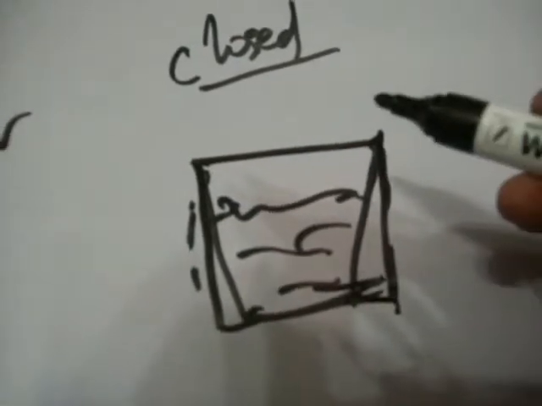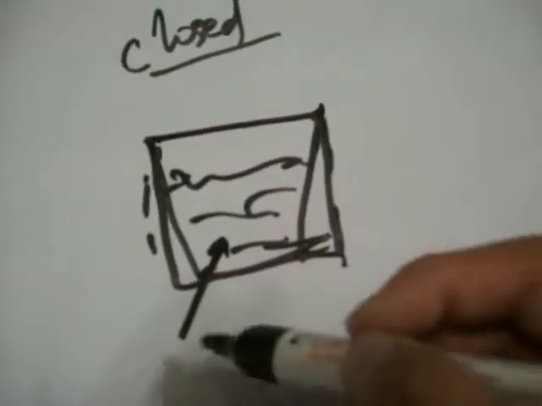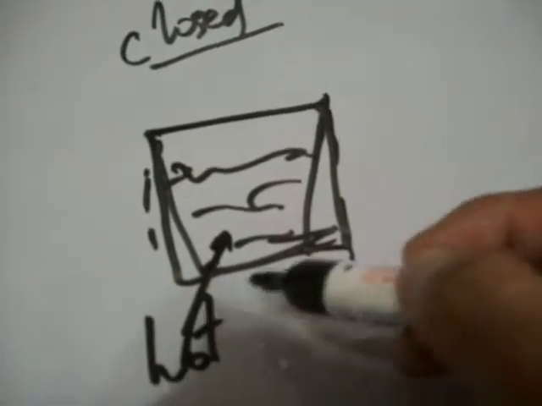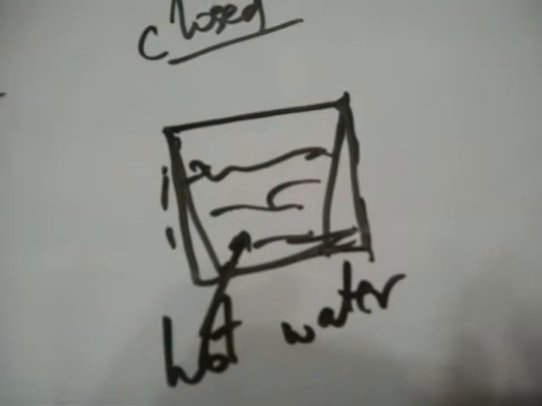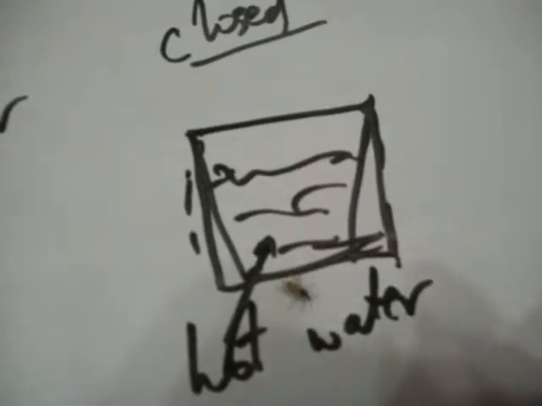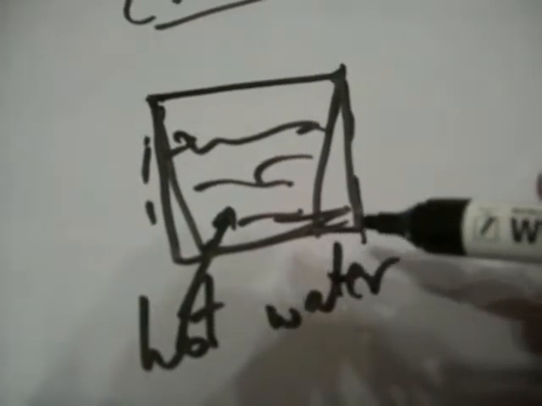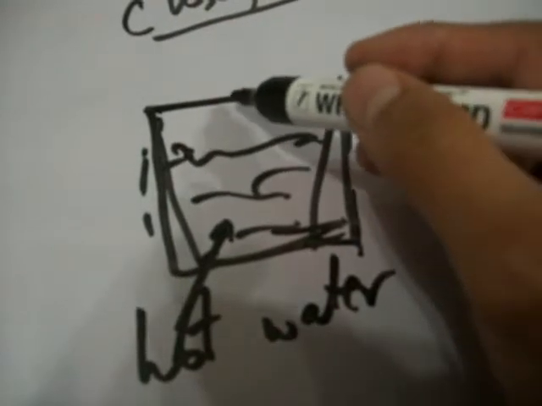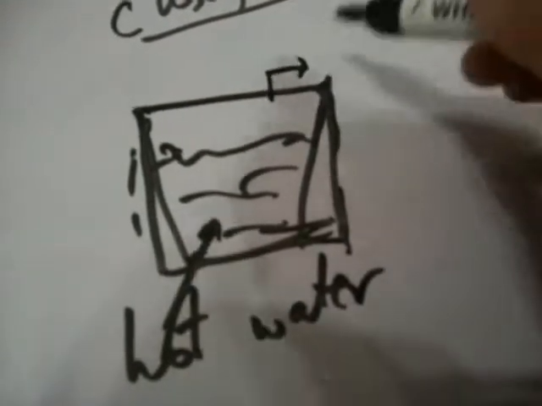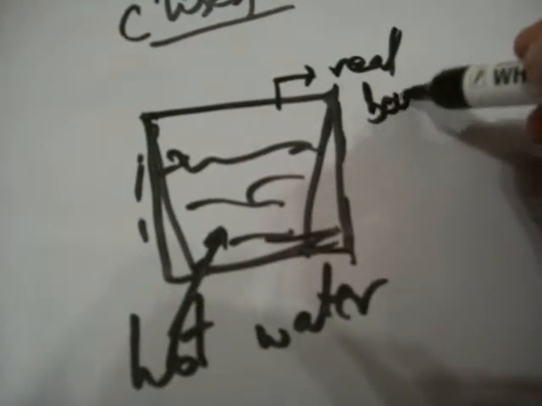So now let's say that there is hot water here. The hot water again evaporates, but this time it cannot cross this real boundary. This real boundary cannot be crossed this time.